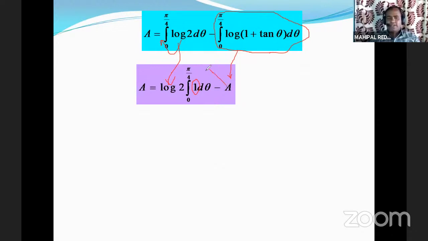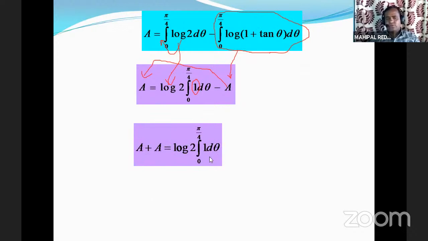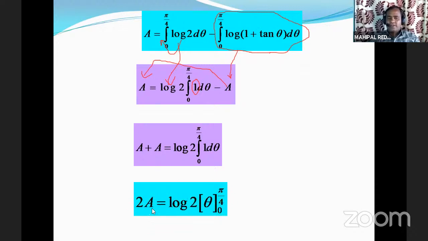So bring this A from the right side to the left side. It becomes A plus A, nothing but 2A equals log 2 into integration 0 to pi by 4 of 1 d theta. With respect to the theta variable, the integration of 1 is theta.